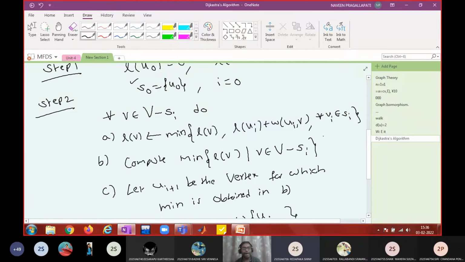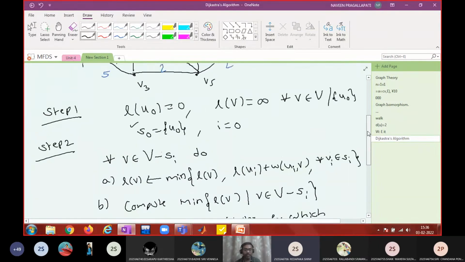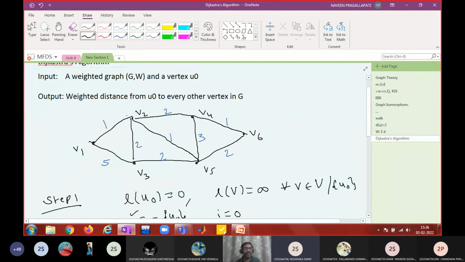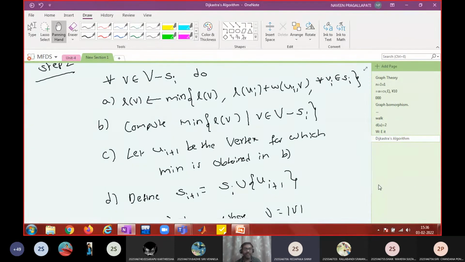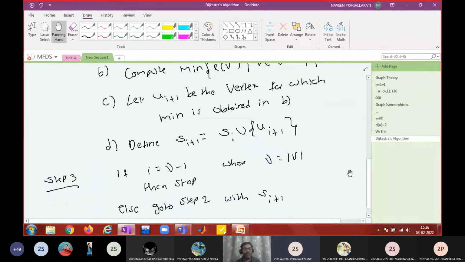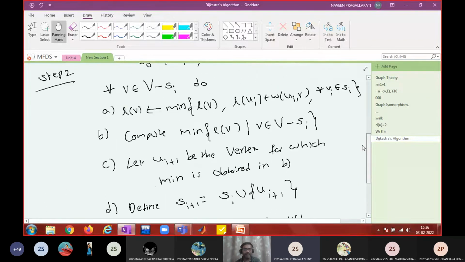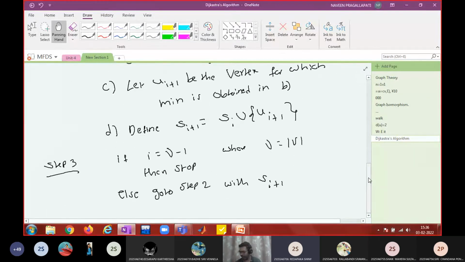So how to implement this algorithm to find the shortest distance from a given vertex to every other vertex? We'll see now. Just write this down in your notes and recall the points as and when I discuss the problem. Did you copy?